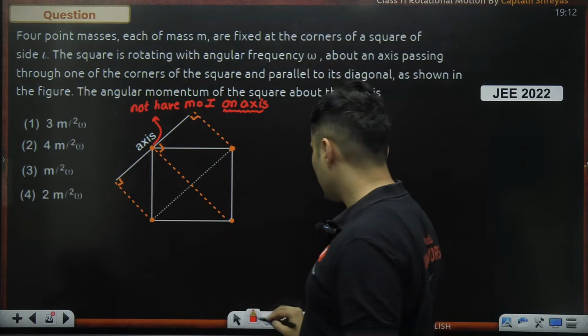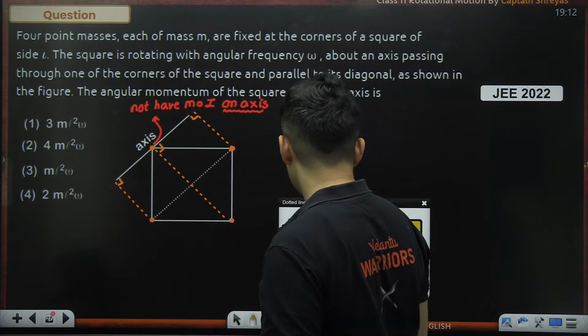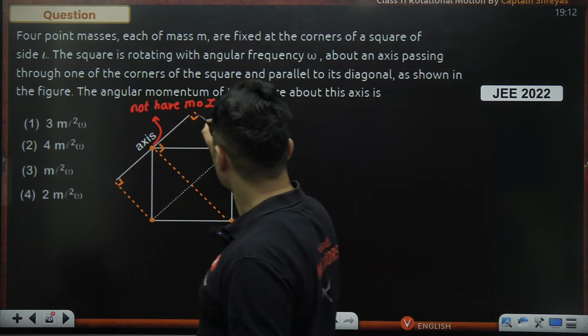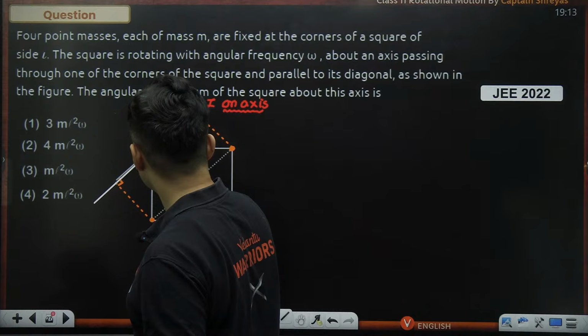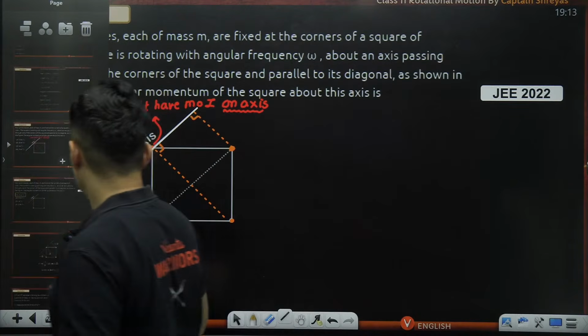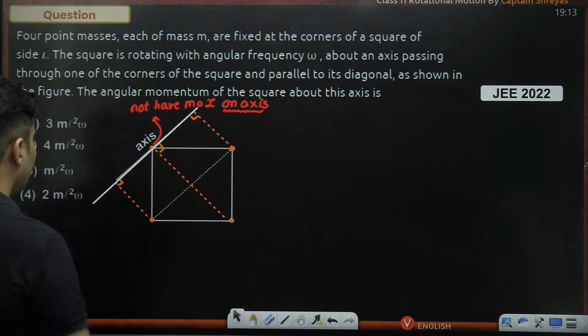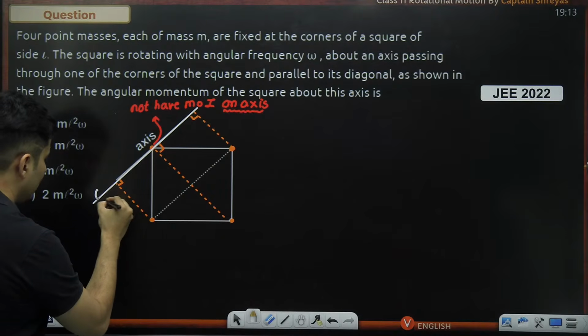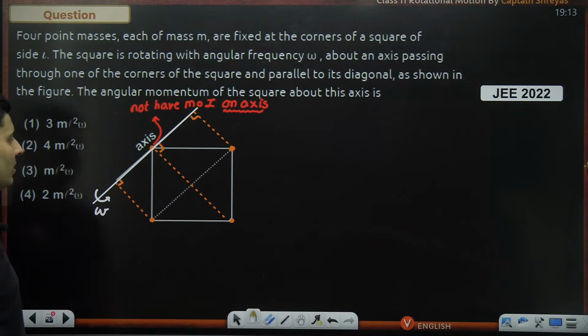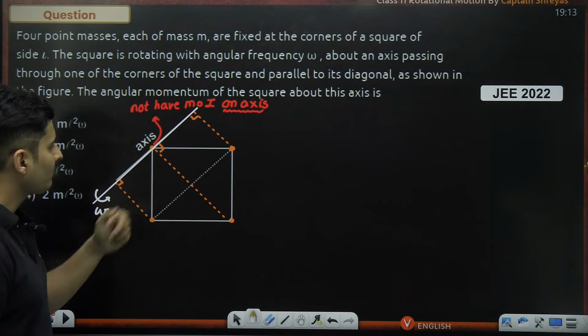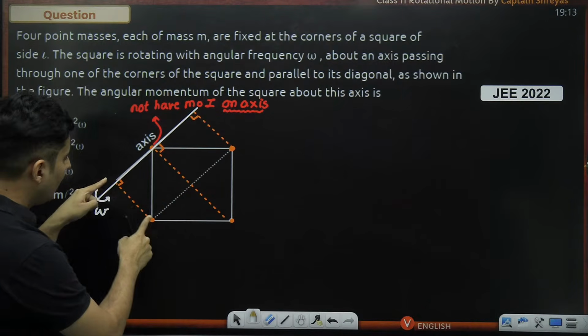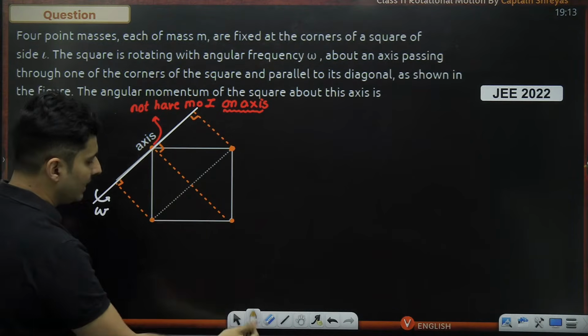Is that clear? Because this entire geometry, guys, is spinning about this particular axis. You can see that. Now, as it spins with this angular velocity, how much is the distance for this, this, and this? Out of that, these two will be the same. To find that out, I can find the diagonal length.